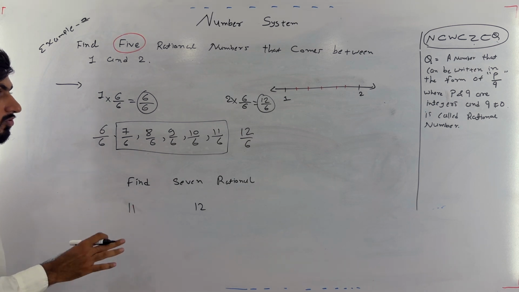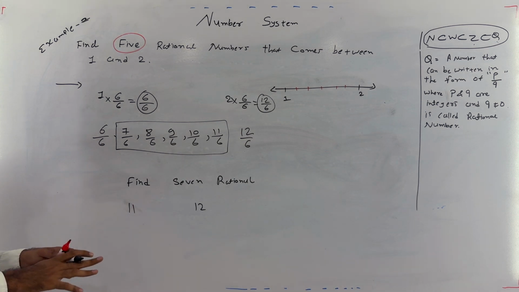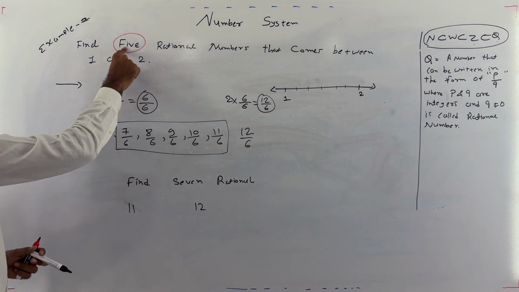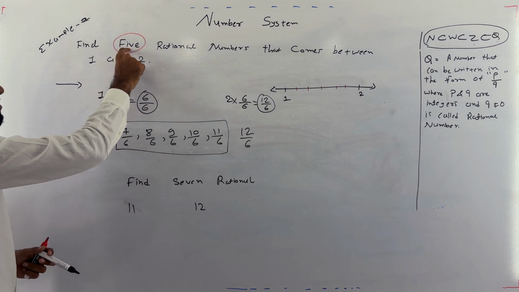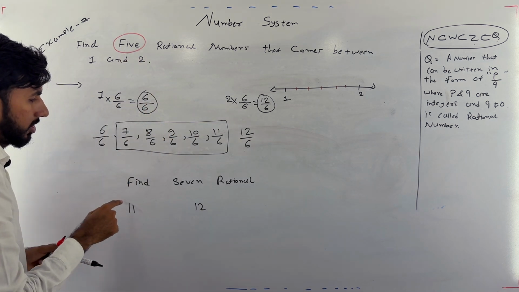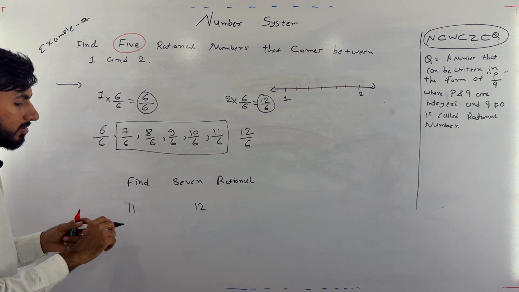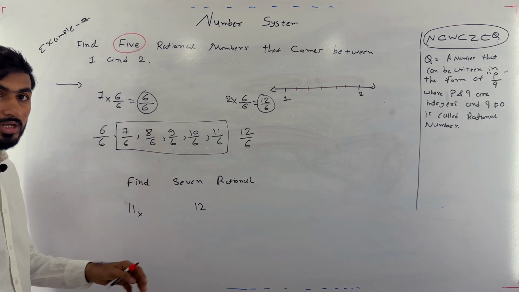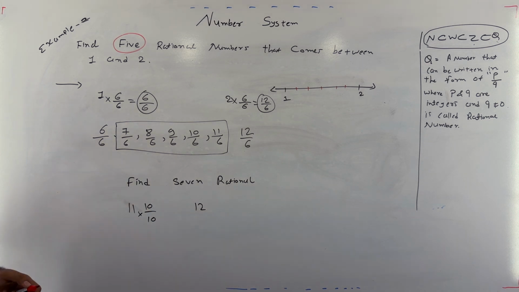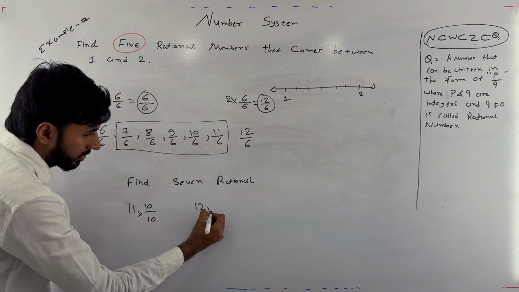Now if you don't want to do this, the concept is you have to multiply and divide it by a bigger number than this. Like here it is 5, so we multiply and divide by 6. Now here it is 7, so I will multiply and divide by a bigger number, that's 7. And the easiest way for me is dividing and multiplying it by 10.